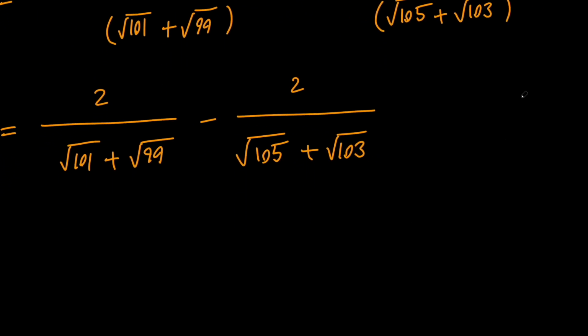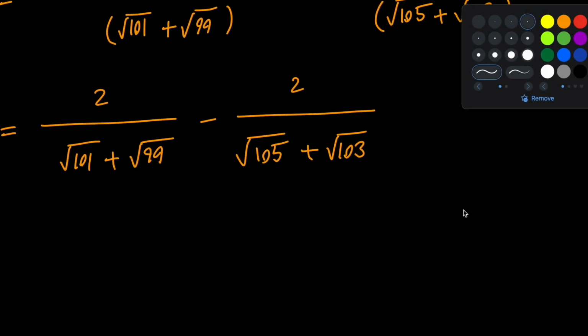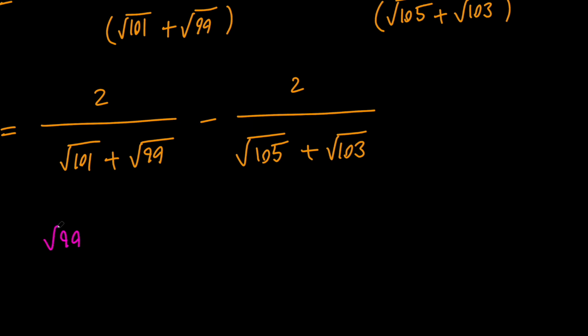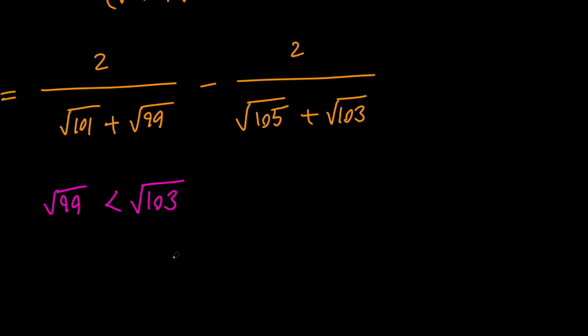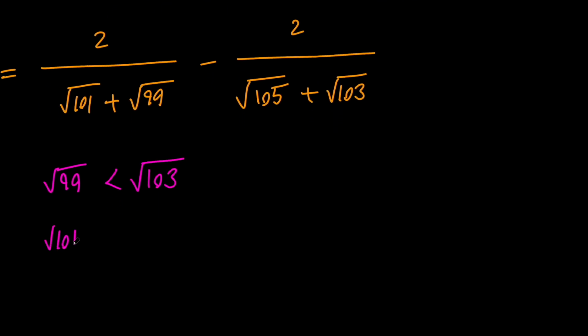Now, notice that the square root of 99 is less than the square root of 103, right? And the square root of 101 is less than the square root of 105.